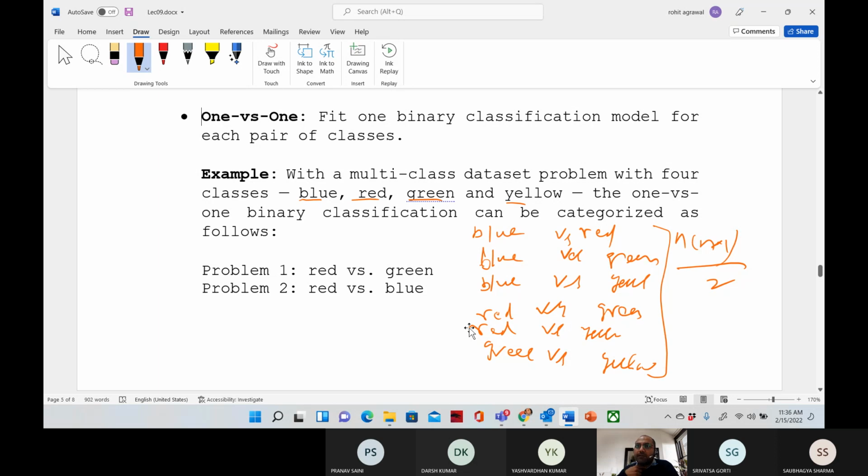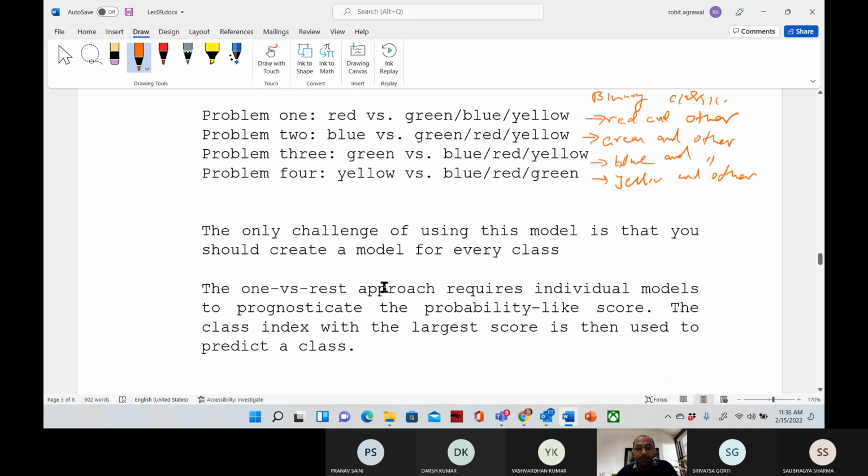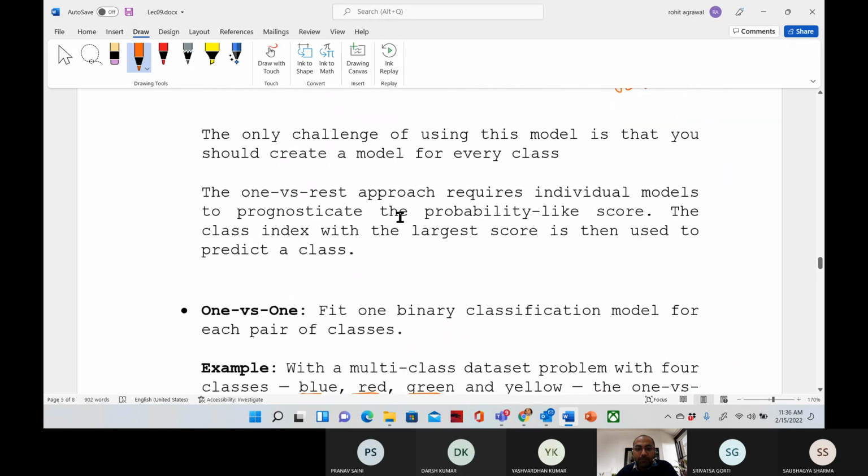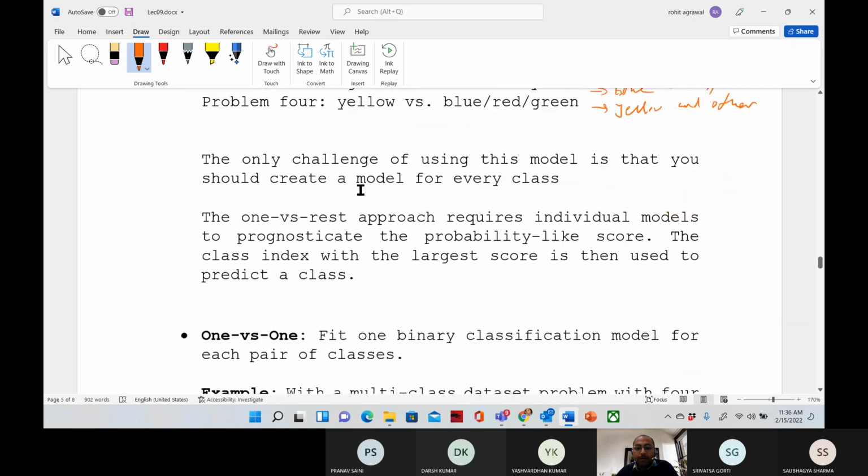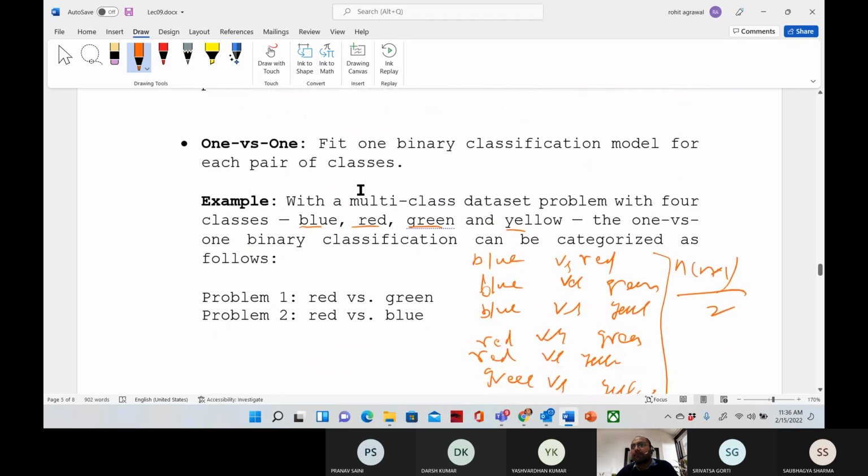So my question is, if we follow one versus one, how many binary classifications do we need? So n minus 1 divided by 2. Yes. In the previous one we had n binary classifications, but this time we have n minus 1 divided by 2.